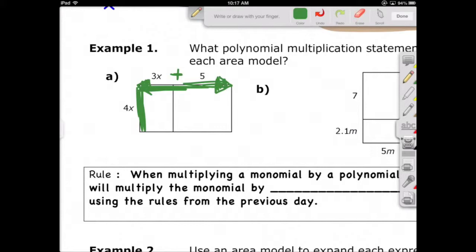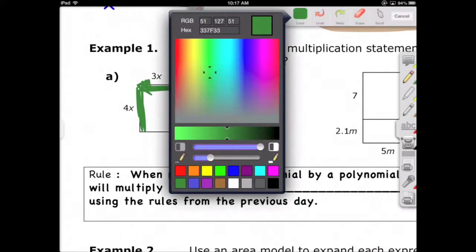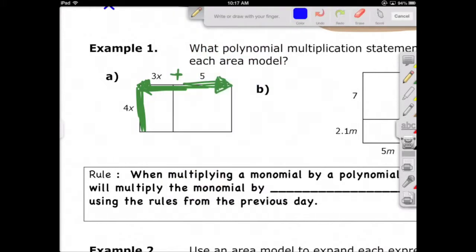The width itself will be represented by 4x. So a neat little trick is just to identify what you're looking at for length and width. So this would be the equivalent of our width, and this would be our length.